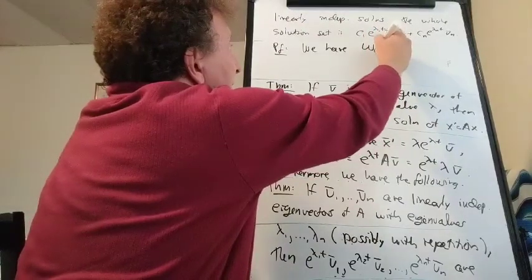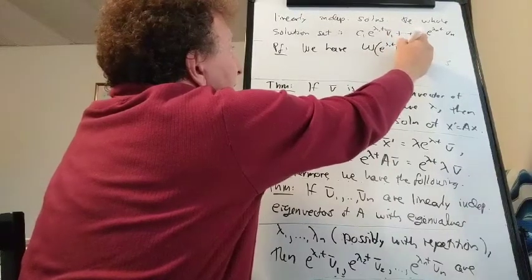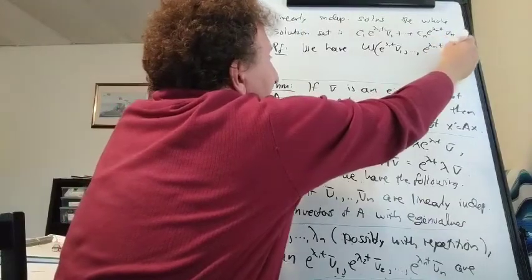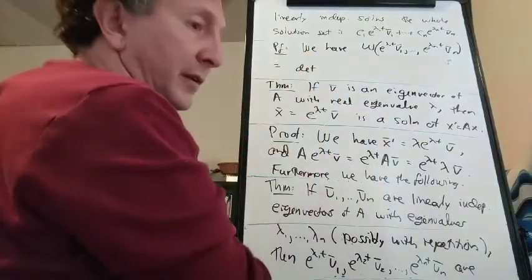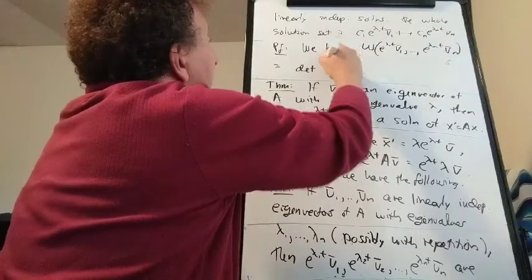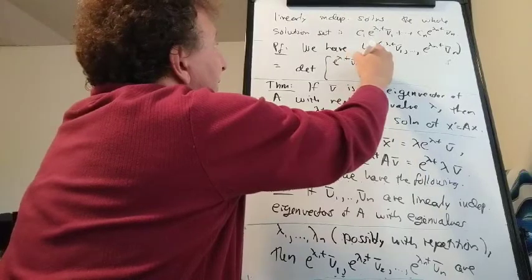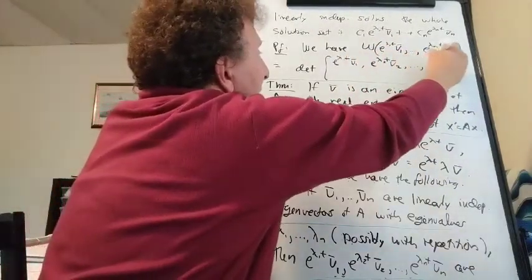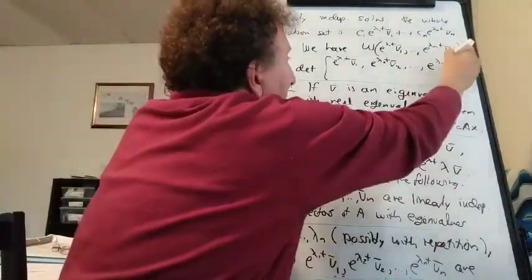The Wronskian of e to the lambda 1 t, first eigenvector, etc., up to e to the lambda n t nth eigenvector is the determinant of the matrix where the columns are e to the lambda 1 t, first eigenvector, e to the lambda 2 t, second eigenvector, etc., e to the lambda n t nth eigenvector.